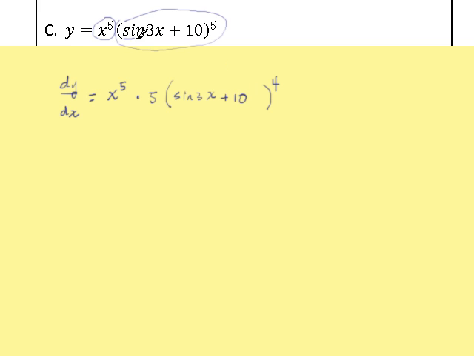Times the derivative of the inside. So the derivative of sine 3x is cosine 3x times 3, plus 0. Derivative of 10 is 0. Okay, so that's the first times the derivative of the second plus the derivative of the first. That would be 5x to the 4th times the second.